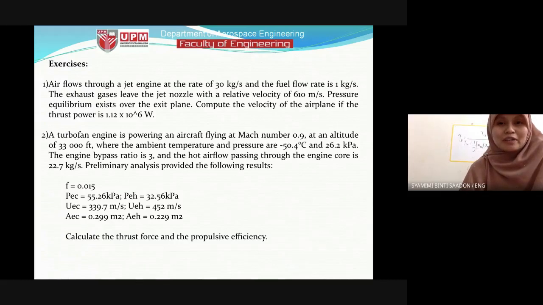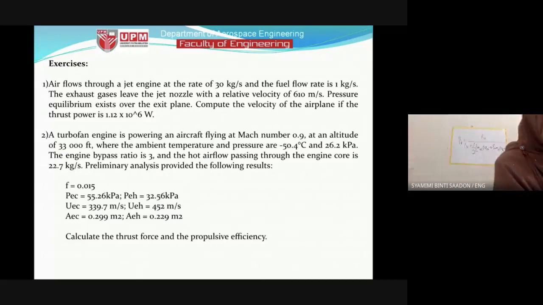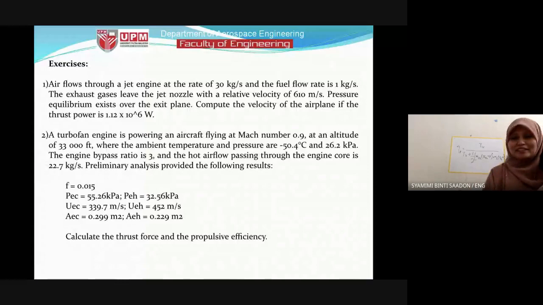Okay, now the propulsive efficiency. I have written here the equation for propulsive efficiency.